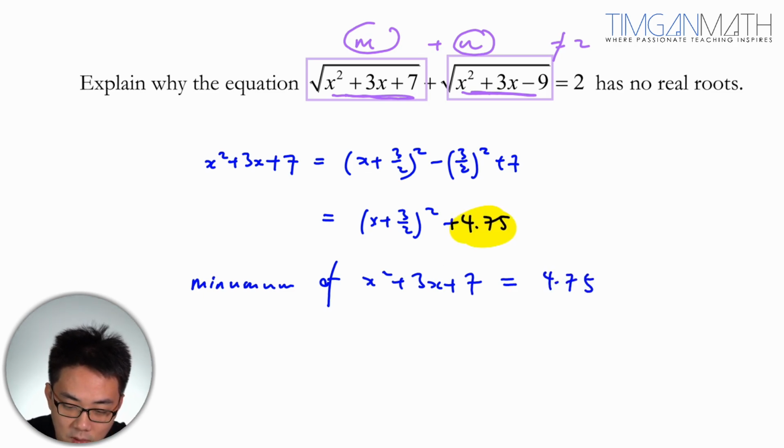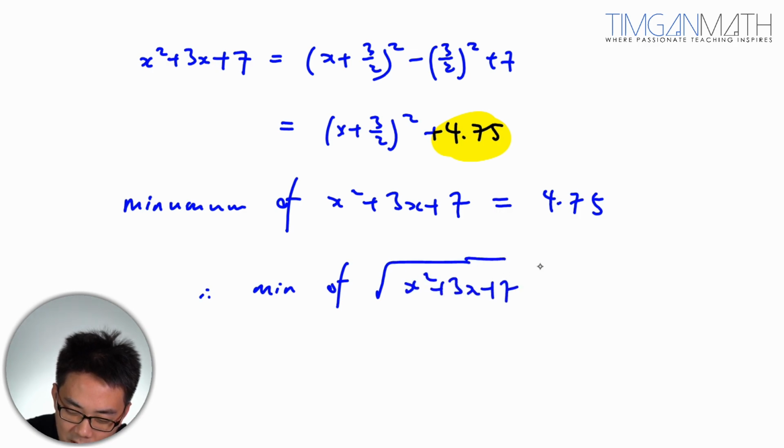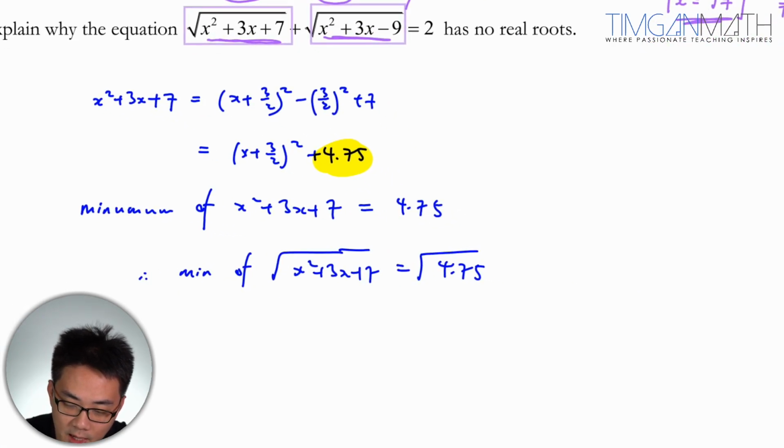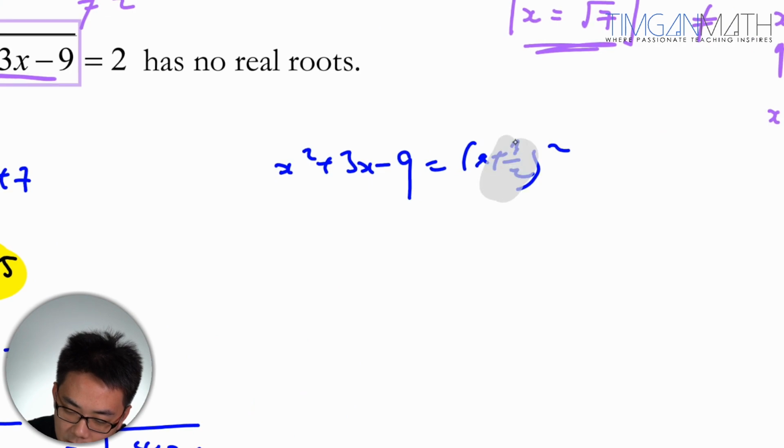And hence the minimum of the square root of x squared plus 3x plus 7 will just be the square root of 4.75. Then you do the same for x squared plus 3x minus 9, which is x plus 3 over 2 squared, then 3 over 2 squared minus 9.